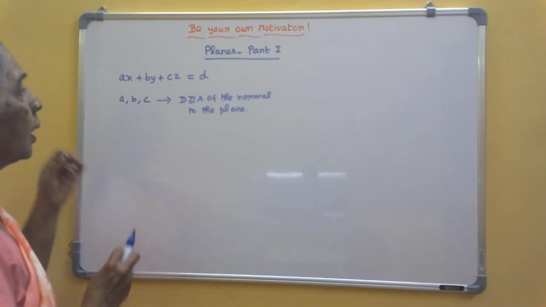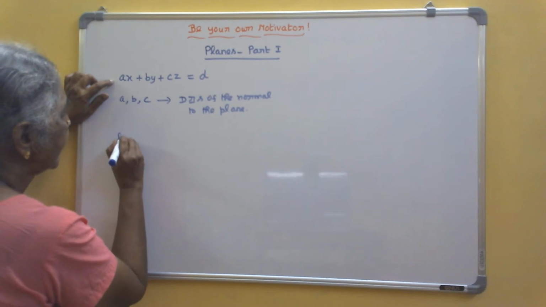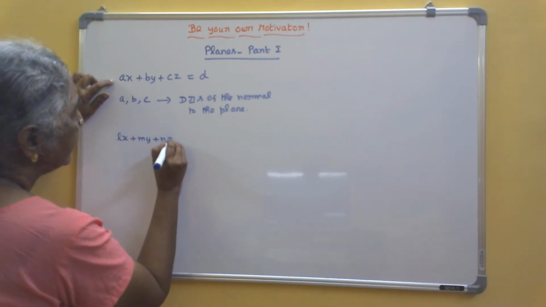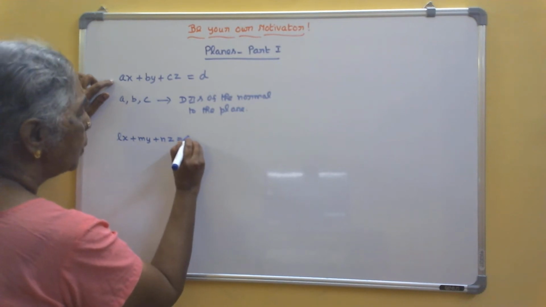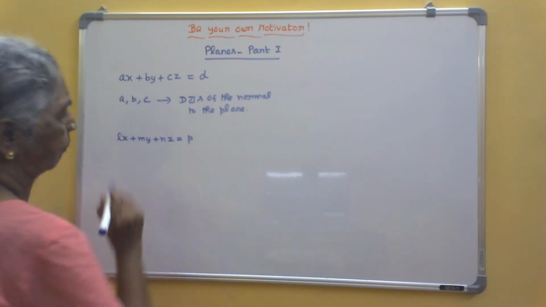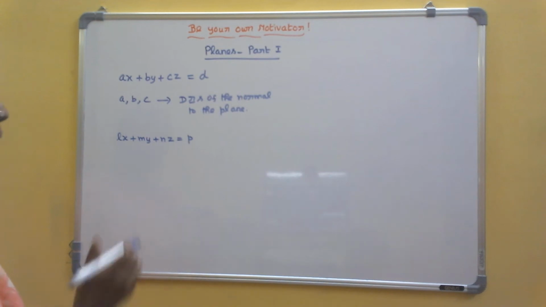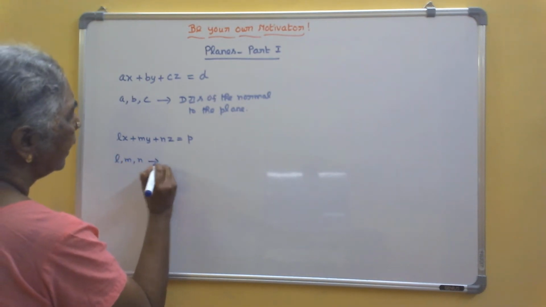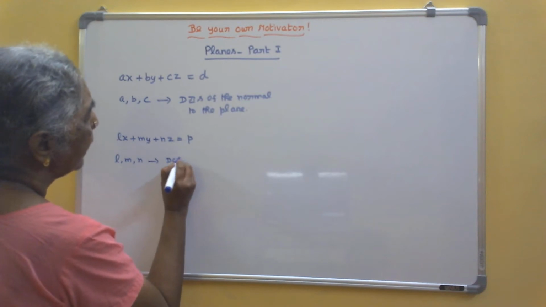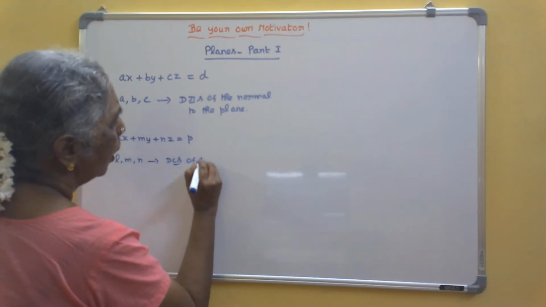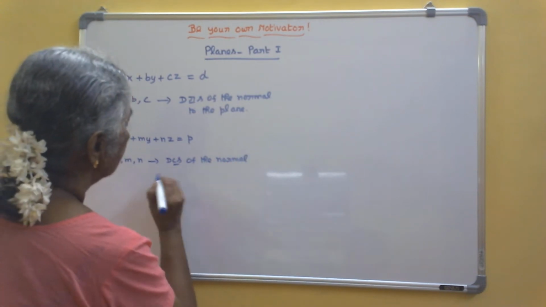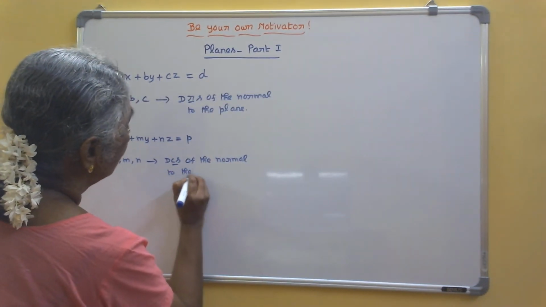Now, if I have this equation as lx plus my plus nz is equal to, I will give some other letter p. Now here, this l, this m, this n represent the direction cosines of the normal to the plane. Okay? You should know both the formats.